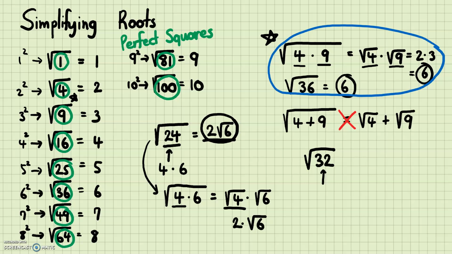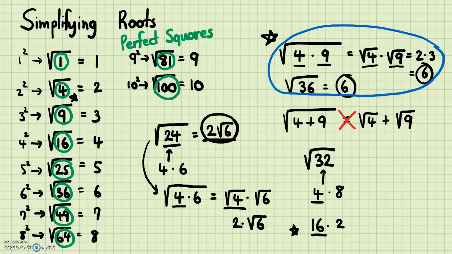So you can either write this as 4 times 8. 4 is a perfect square number. Or you can write this as 16 times 2. 16 is a perfect square number. Right? Let's use both of these. It's actually better to use this one, and I'll show you why. But both of these are going to give you the same answer.